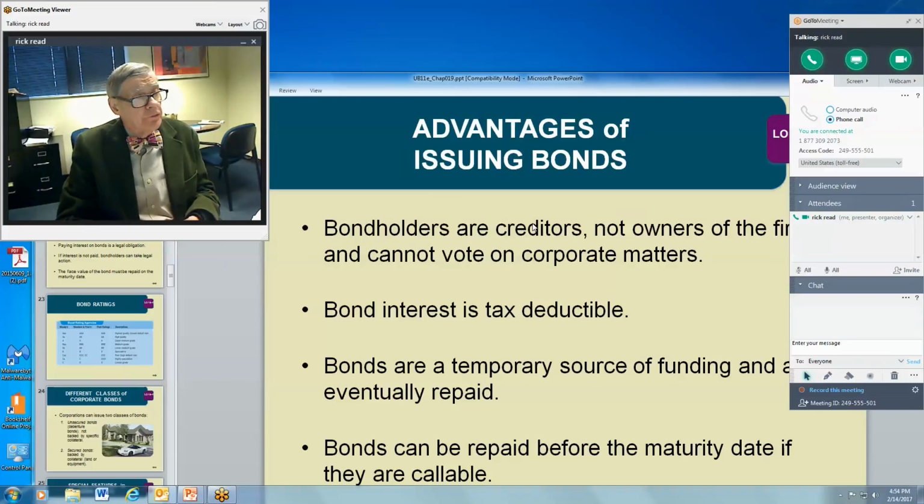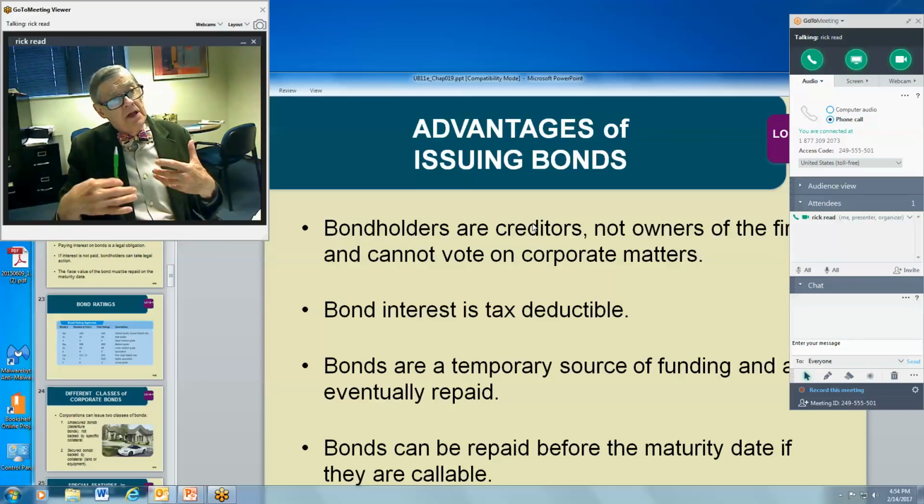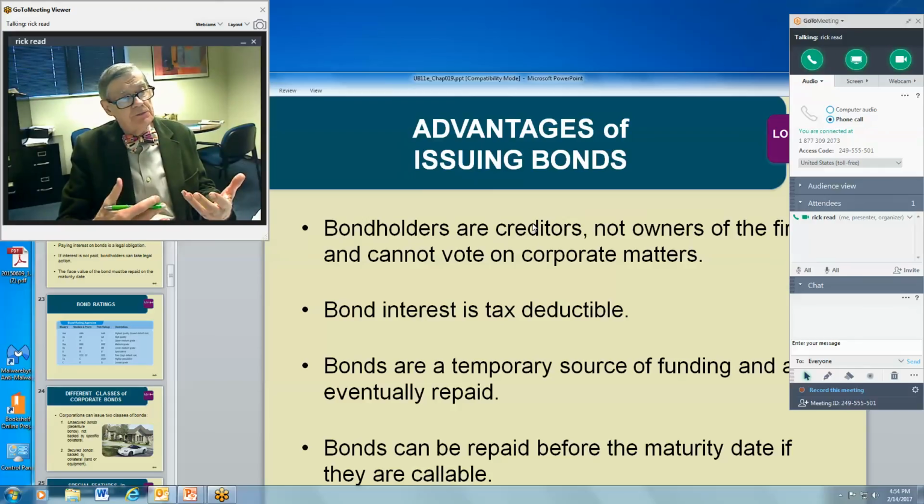Now, the one thing to understand here, if the bond is bought back early and has a callable provision in it, there's normally a premium paid. So the investor will get his or her original investment back, let's say $1,000, and some interest. It won't be the entire interest that he or she could have expected, because the bond was bought out early.